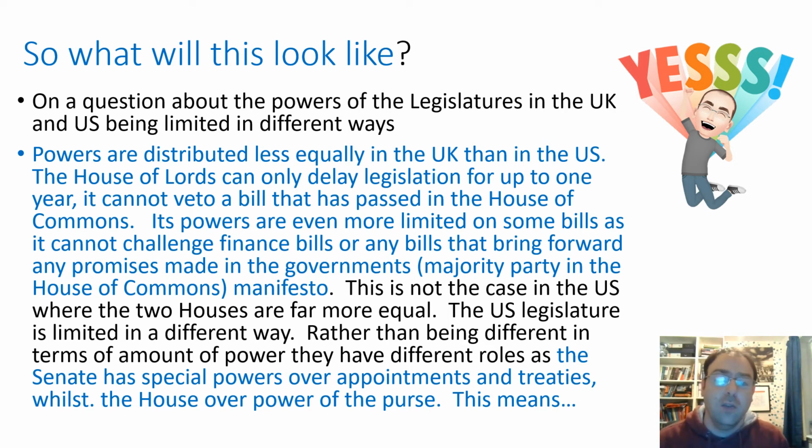Its powers are even more limited on some bills, as it cannot challenge finance bills or any bills that bring forward any promises made in the manifesto of the government as the majority party in the House of Commons. This is not the case in the US, and there's a bit of comparison in black, and then we go back into the A02 stuff and A01 stuff in blue. The Senate has specific powers over appointments and treaties, whilst the House, and again it goes to the precise bits.